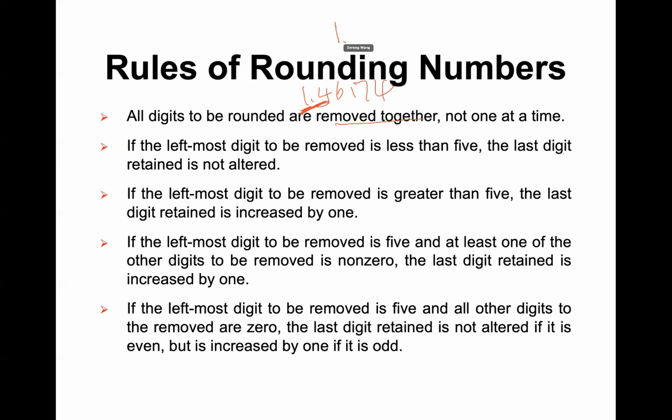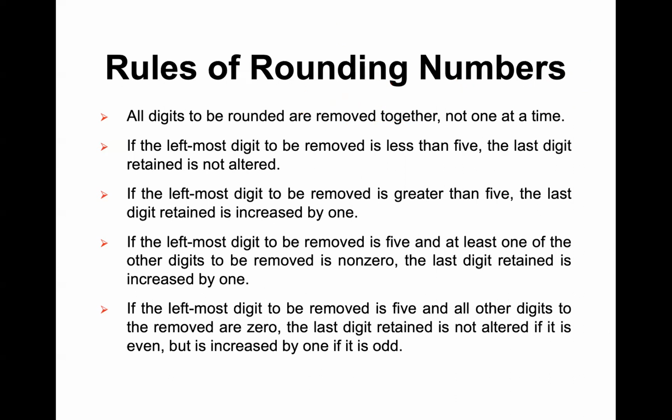Now, if you do it step by step, we drop this, so we have 1.462. Then we drop this one, 1.46. If we round this one, we go to 1.5. And according to the rules, 1.5 is rounded to 2. So you have different values, right?